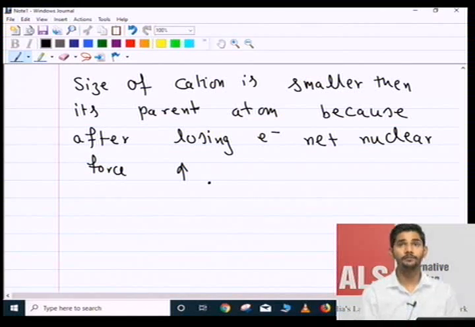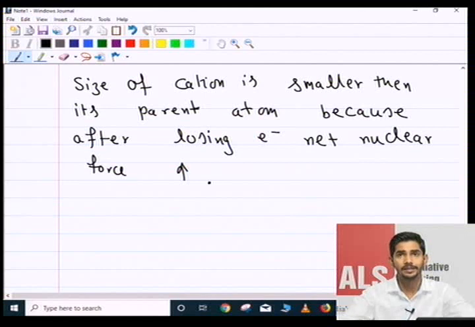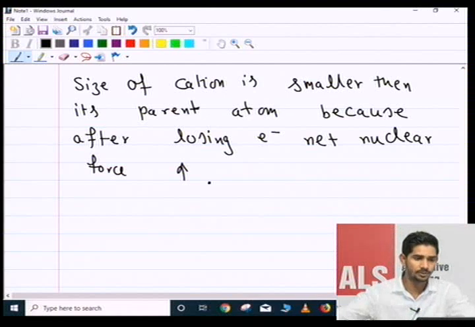Guys, very, very important with respect to school examinations. Even the second part as well. Why is the size of the anion bigger or higher than its parent atom? Okay, this is question number 2.